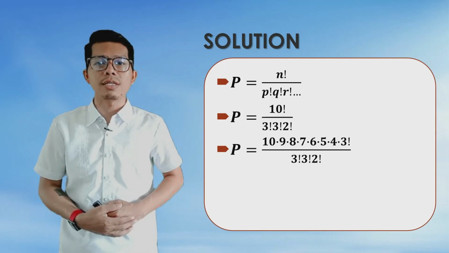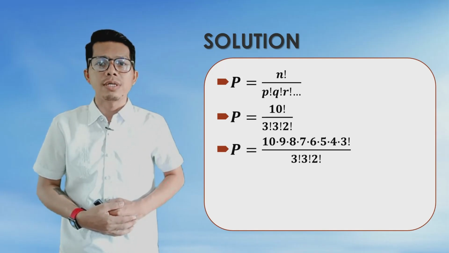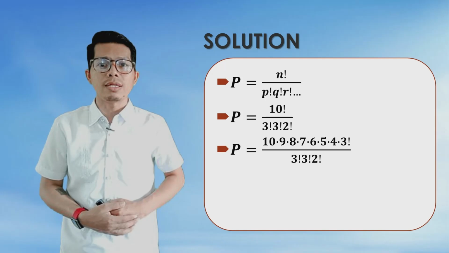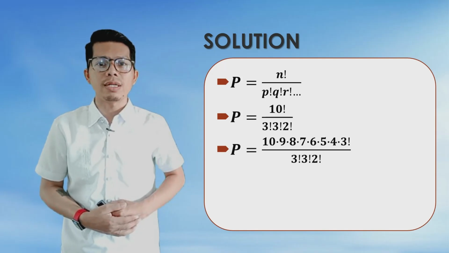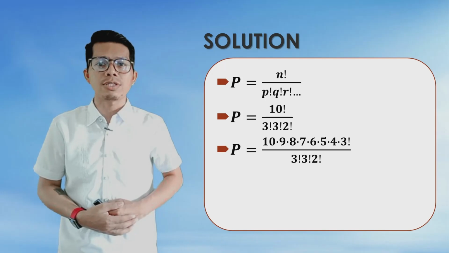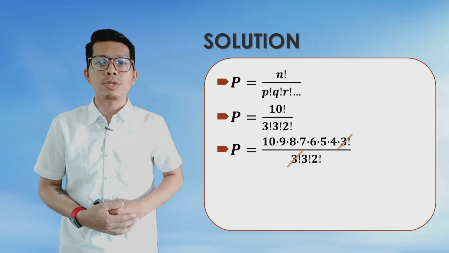But in this case, we will stop at 3 factorial because later on we're just going to cancel it with the 3 factorial at the denominator. So p factorial is 3 factorial, q is 3 factorial, and r is 2 factorial. We cancel, that means we divide 3 factorial by 3 factorial, so that's 1. And we all know that 3 factorial is equal to 6.